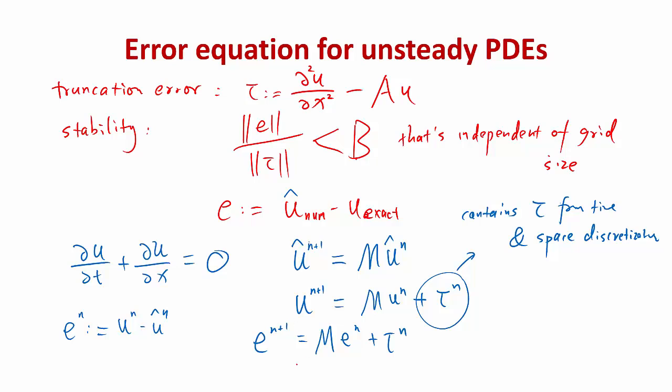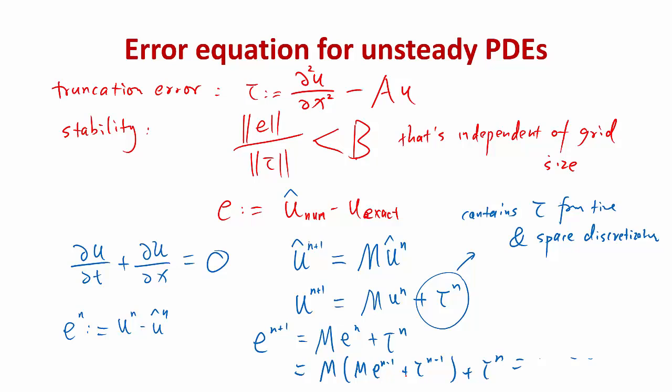If I expand E^n again as M times E^(n-1) plus tau^(n-1) plus tau^n, and so on, we can see that it's an addition of n terms, and the earlier terms get multiplied by the matrix M more times.